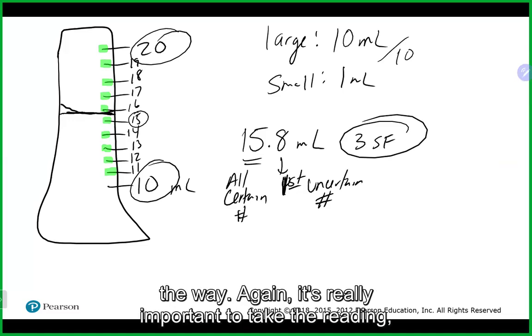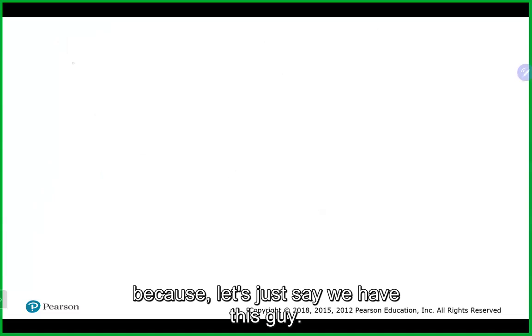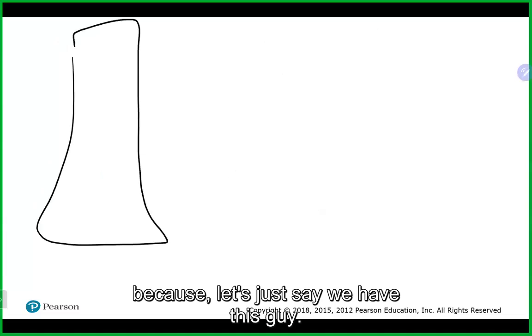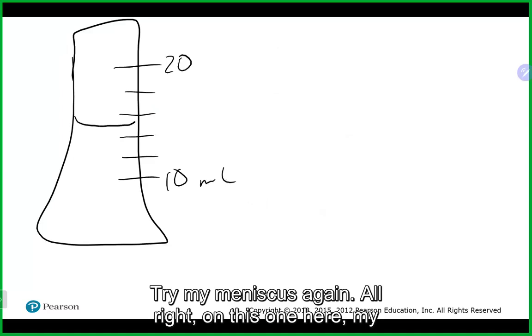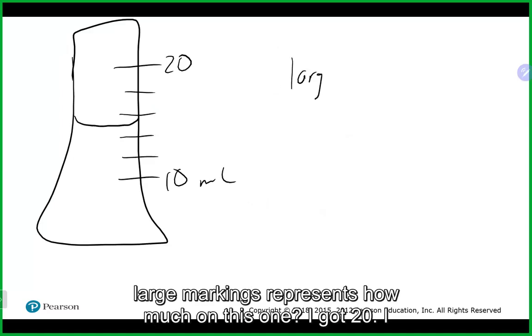Again, it's really important to take the reading because let's just say we had this guy. Try my meniscus again. All right, on this one here, my large markings represent how much? I got 20, I got 10.